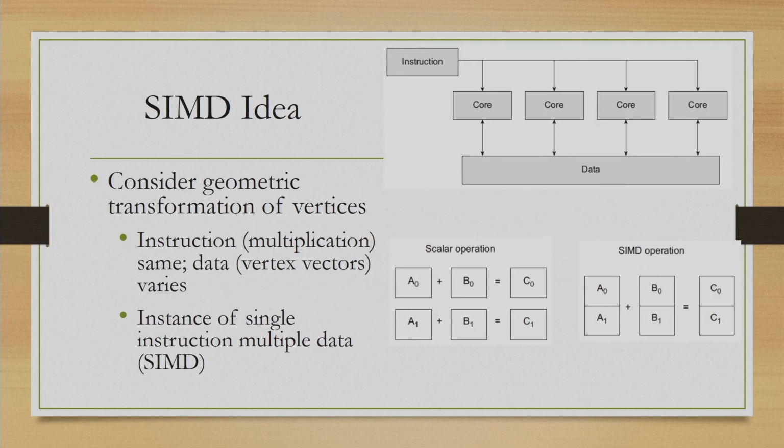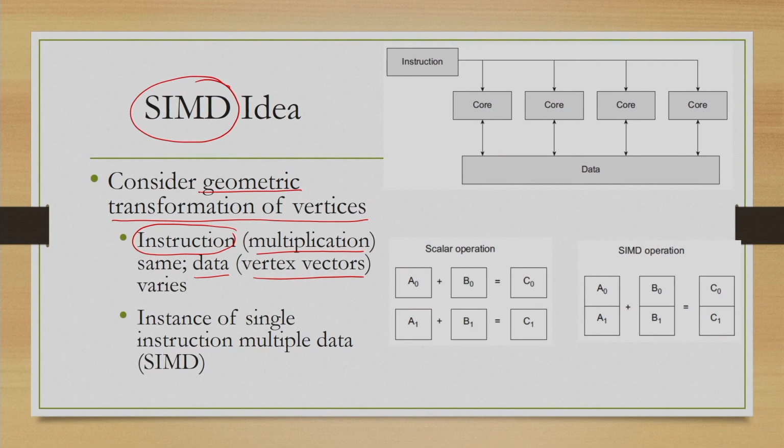Now, this brings us to the idea of SIMD. Note the term. To understand, let us consider one example, geometric transformation of vertices that we were discussing earlier. Here our instruction is the same, which is multiplication. Now, the data on which this instruction operates varies, because the vertex vectors vary, although the transformation matrix remains the same.